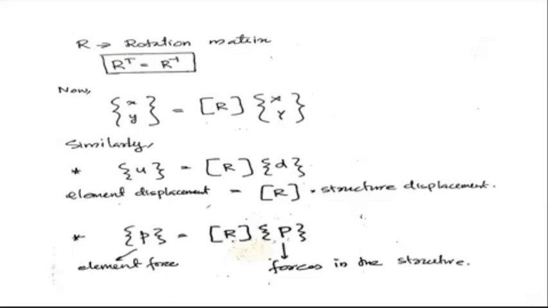R is a rotation matrix, and it has a property: R transpose will be equal to R inverse. So the inverse of this matrix is the same as its transpose.